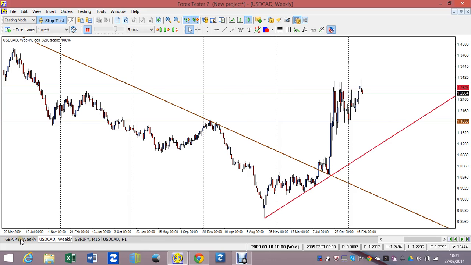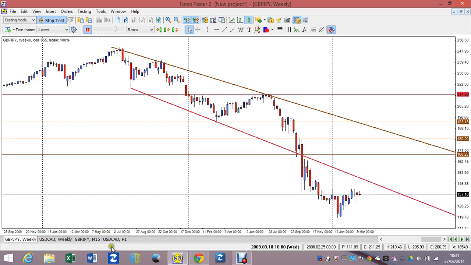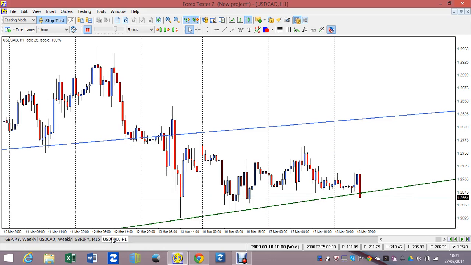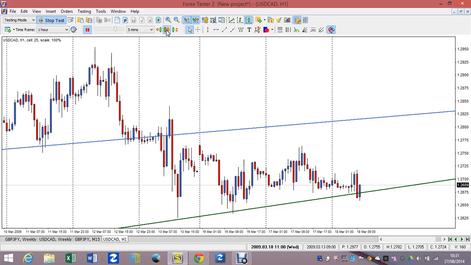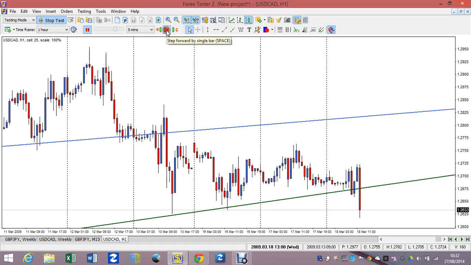Weekly's still looking okay. Yen's got nothing of interest at the moment. I'd like to see a better break of this trend line here. Like that.